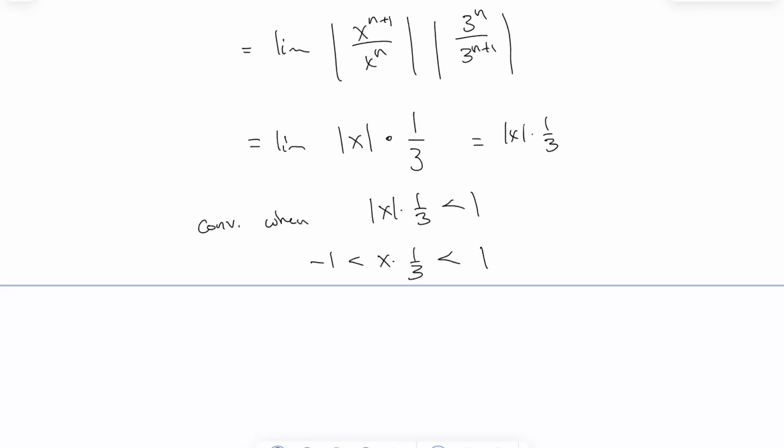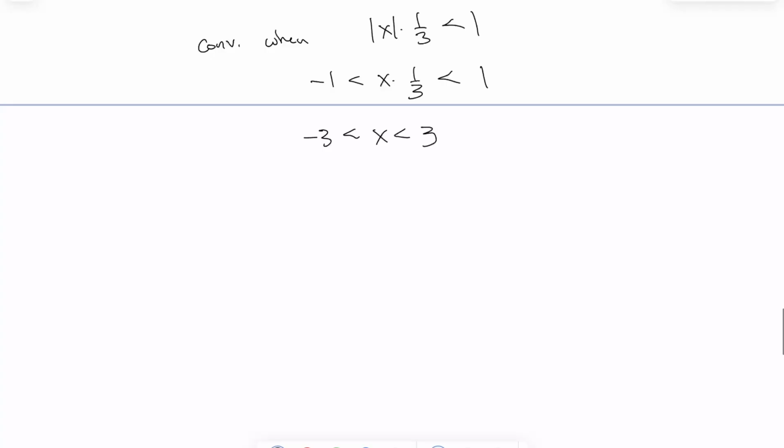All right, and then in this inequality, I'm going to multiply through by 3 to solve for x, get x all alone in the middle. Multiply through by 3 gives me that. So this is basically the interval of convergence, although, just like before, we need to check the two endpoints as special cases. But that'll pretty much do it here.